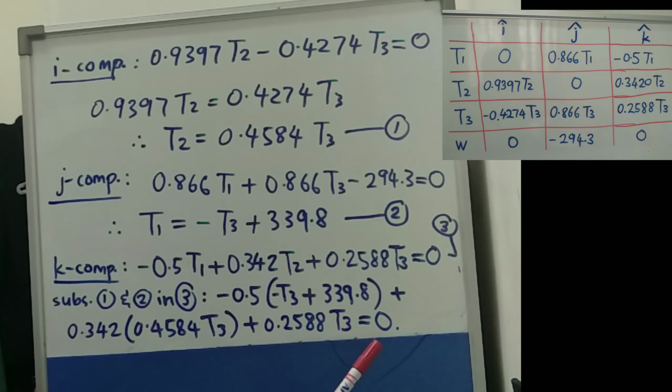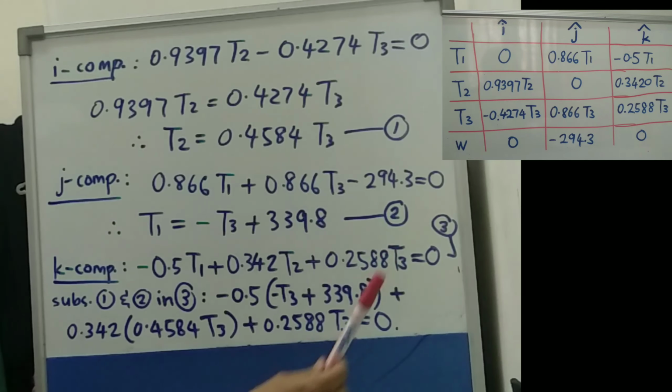And then we apply the substitution. We can substitute equations 1 and 2 into equation 3. So we substitute T1, negative 0.5 T1, where T1 is equal to minus T3 plus 339.8, and then plus 0.342 T2, where T2 is in terms of T3, plus 0.2588 T3 equal to 0.